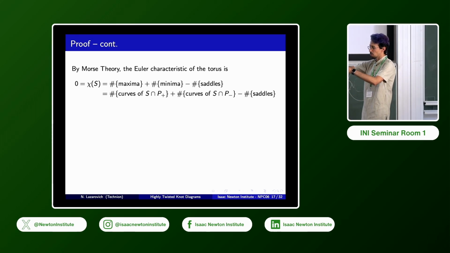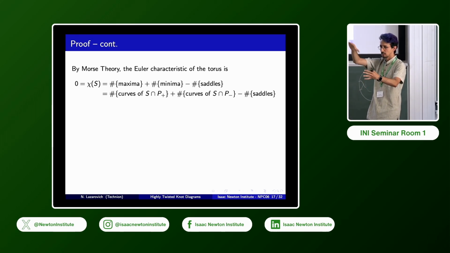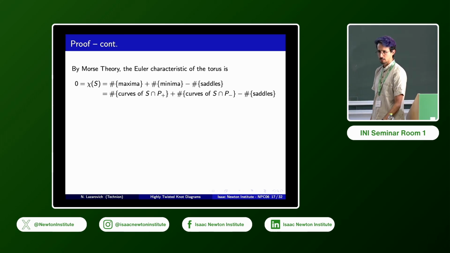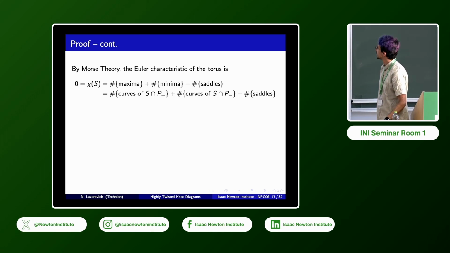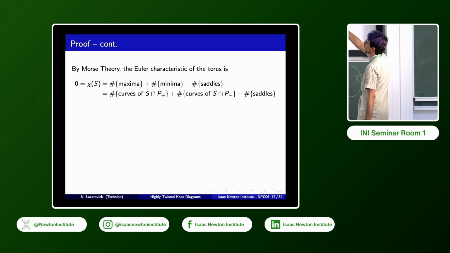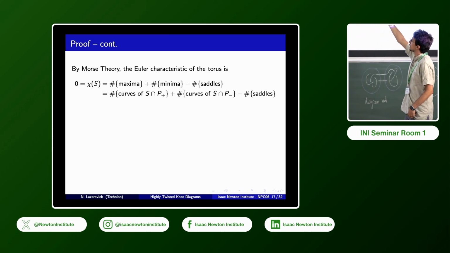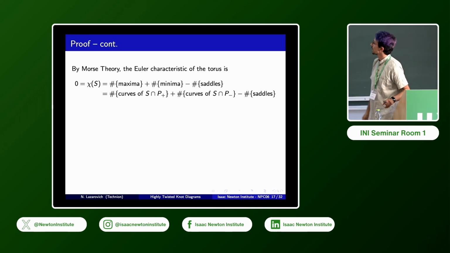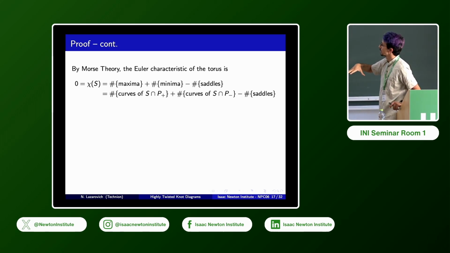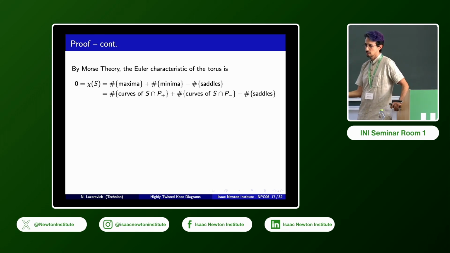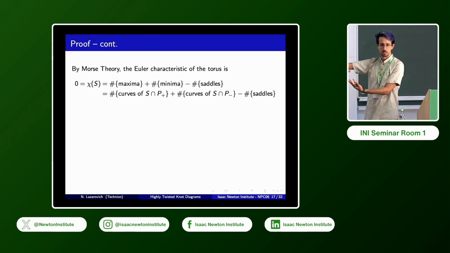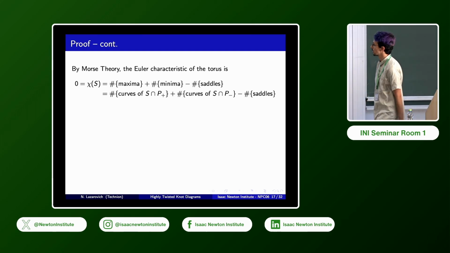Outside those bubbles, I can assume that the surface is either a disk that lives above the plane or a disk that lives below the plane. So the computation of the Euler characteristic becomes, by Morse theory, the maxima and minima minus the saddles, which can be seen as the curves of intersection with P plus and the curves of intersection with P minus. These are the disks on the top, disks on the bottom, and the little saddles in between, so the number of bubbles that the surface sees.